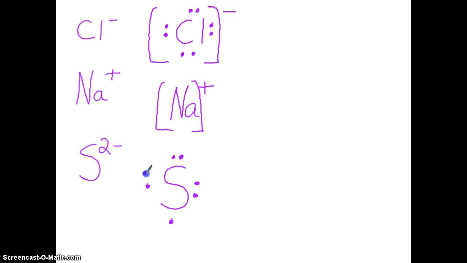So I get to add 2 more electrons, 1 here and 1 here. And now this is the sulfide ion, but I can't leave it like that. So I'm going to put it in brackets and say that this has a 2- charge. So this is how I draw Lewis dots for ions, the chloride ion, the sodium ion, and the sulfide ion.